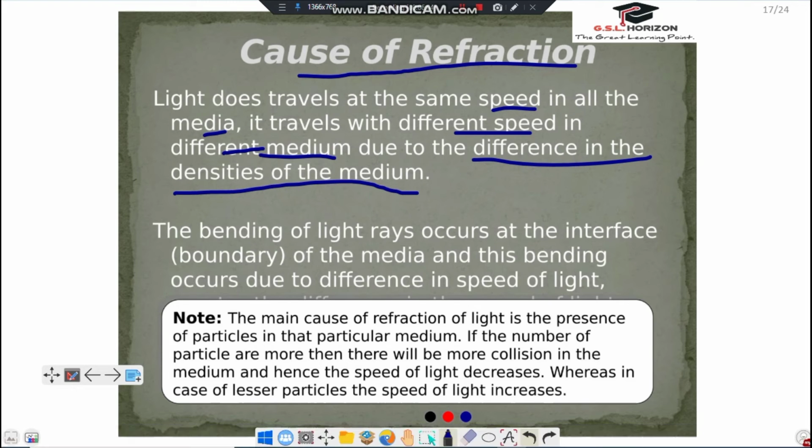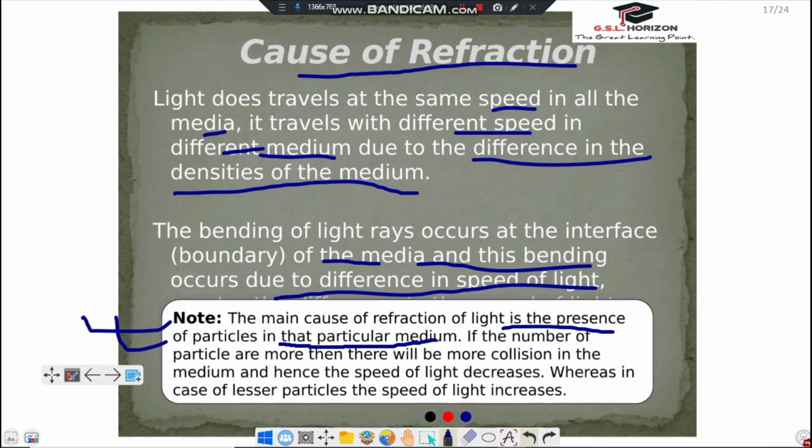The bending of light rays occurs at the interface of the media, and this bending occurs due to the difference in speed of light. The main cause of this, and this point is to be noted, is the presence of particles in that particular medium.